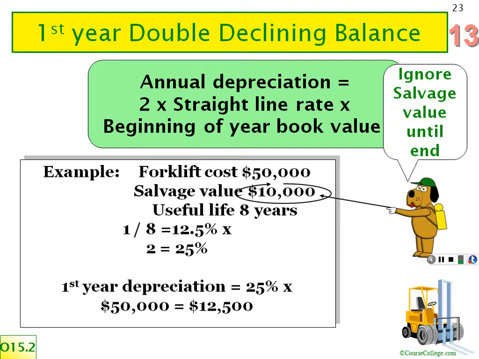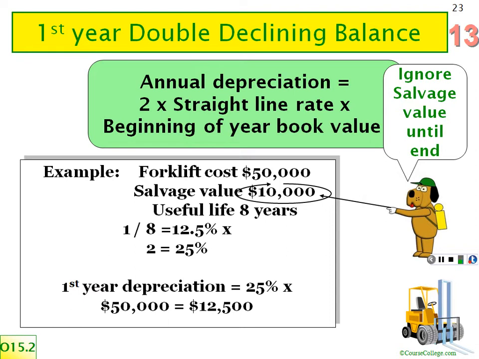So we grab our 25%, which we said we're going to use every calculation. We multiply it times the $50,000. We come up with first year depreciation, $12,500. Here it is right here. Now if you record that, you're going to credit accumulated depreciation on the balance sheet. You're going to debit depreciation expense in your adjustment.